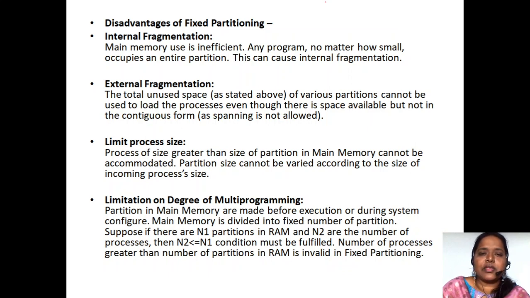And there is a limitation on the degree of multiprogramming. As I have told you before, degree of multiprogramming means the number of processes kept in the main memory, and it is reduced. Why? Because here the memory partitions are fixed. We can't increase the number of partitions, and we can't decrease the number of partitions. Why?